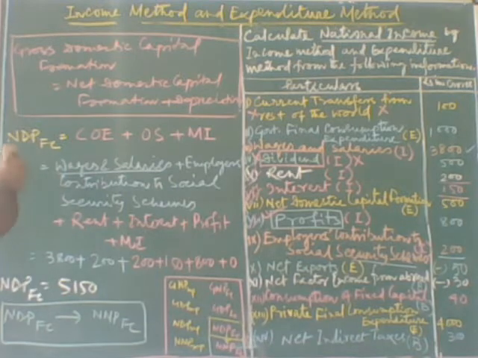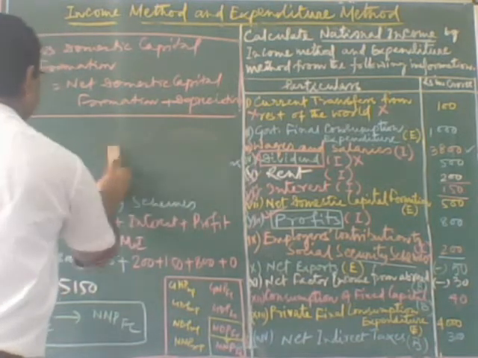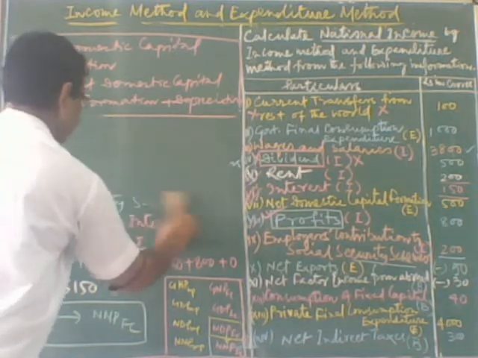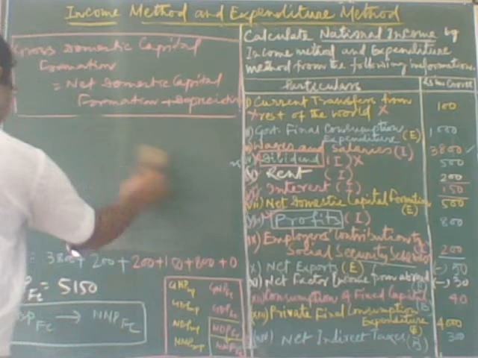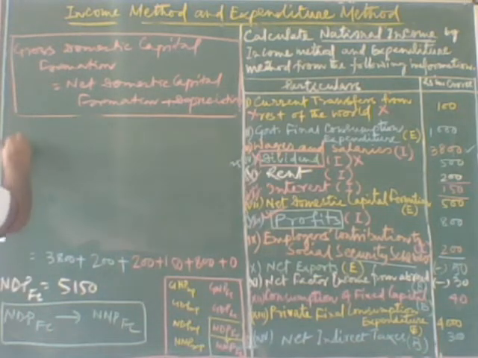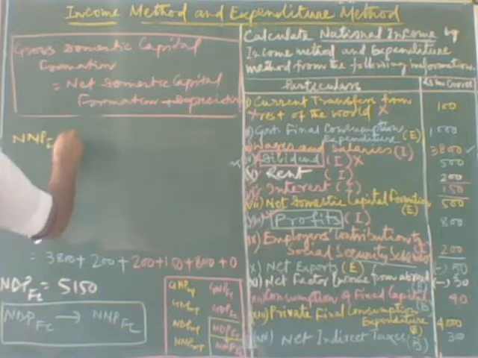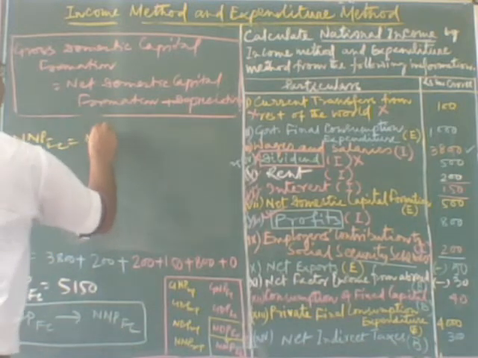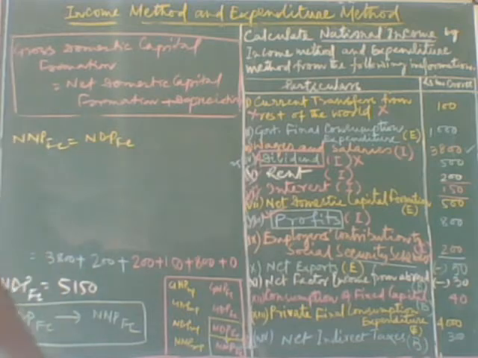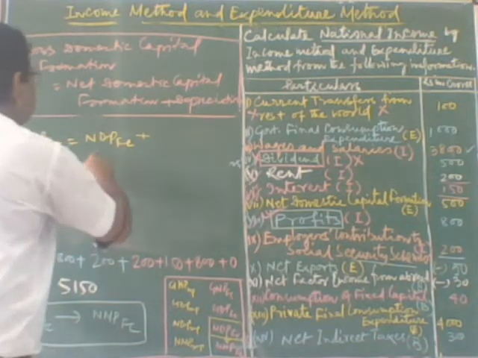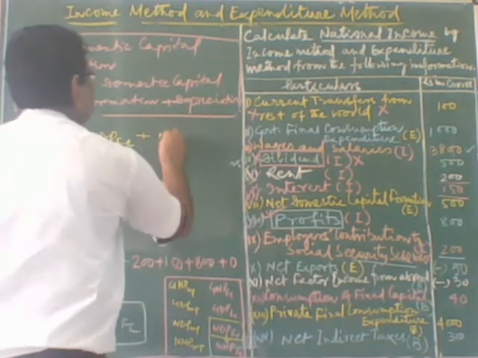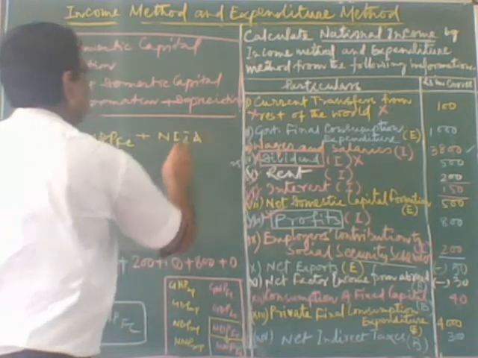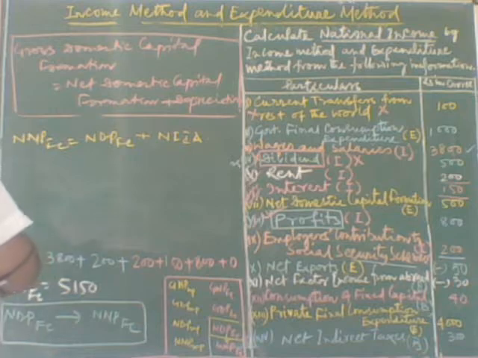Therefore, NNP factor cost is equal to NDP factor cost plus NFIA, since the bridging component between national and domestic is NFIA. So net national product factor cost is equal to net domestic product factor cost plus NFIA, net factor income from abroad. You have to put this value.